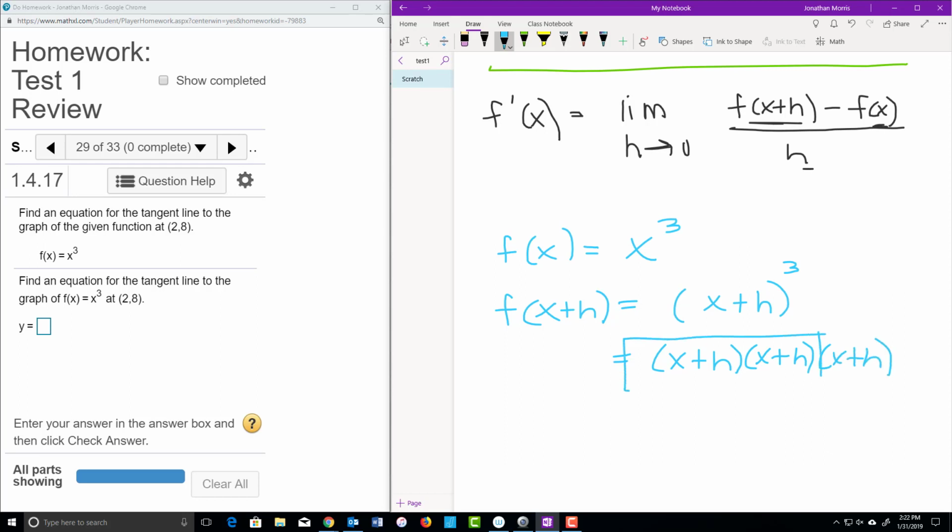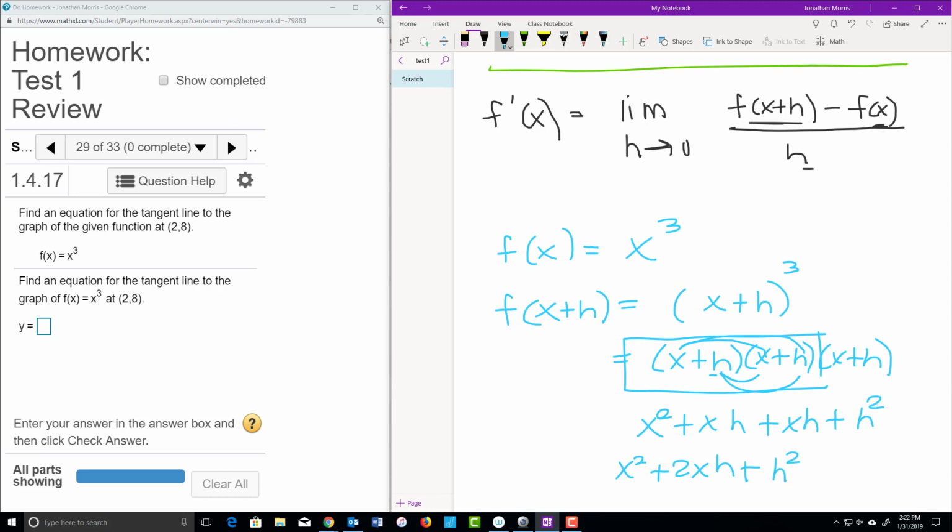Well, x plus h squared right here, you FOIL that out. x times x, x times h, h times x, h times h is x squared plus xh plus xh plus h squared, which is x squared plus 2xh plus h squared.